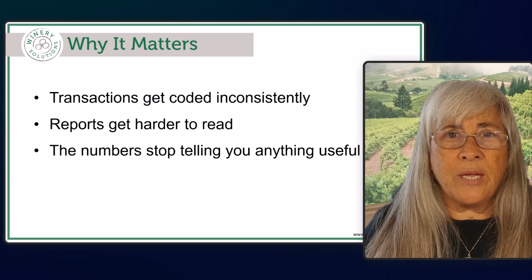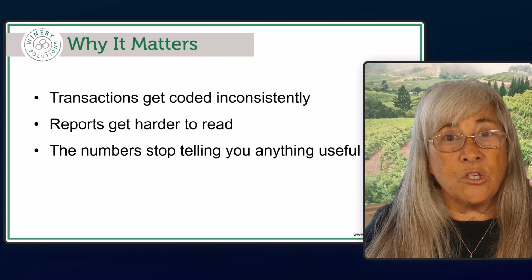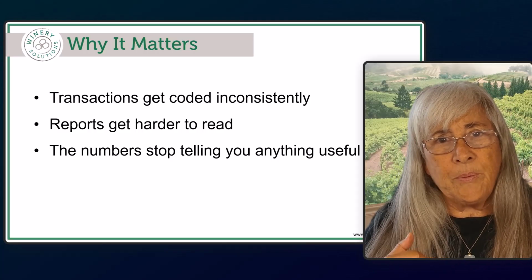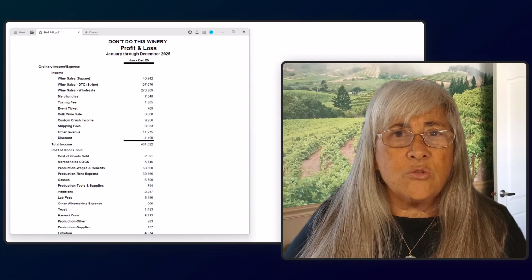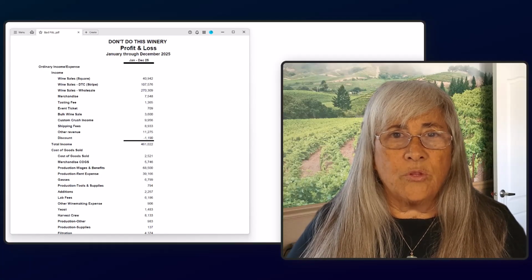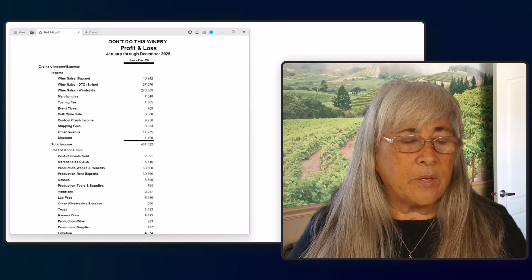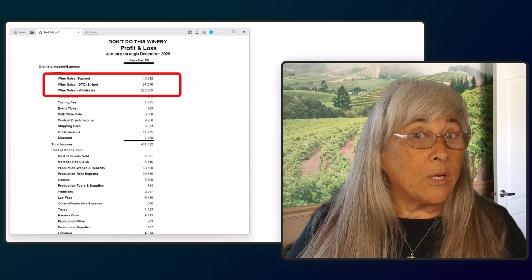The easiest way to see the difference a well-structured chart of accounts makes is to look at what you're probably already looking at, your profit and loss report. So let me pull up that report. Here's what a typical P&L looks like when the chart of accounts underneath it has not been structured for a winery. You can see income accounts for wine sales for more than one channel.